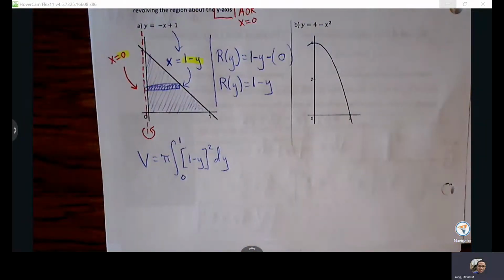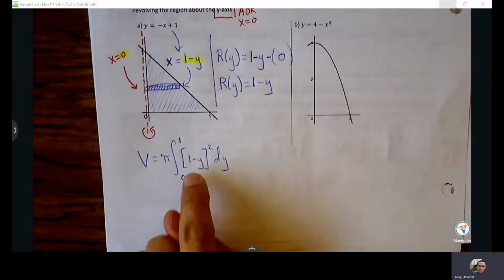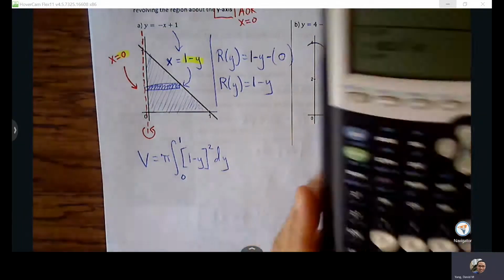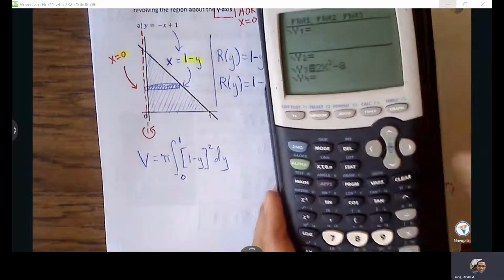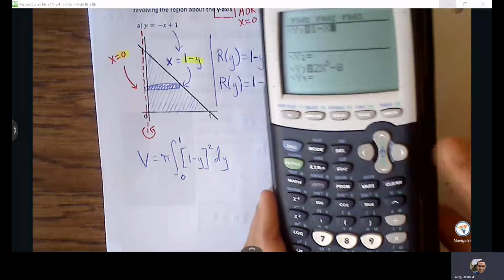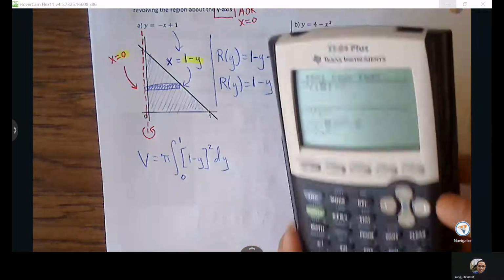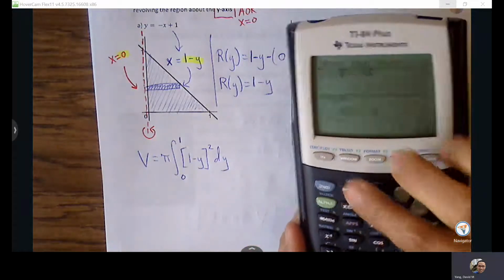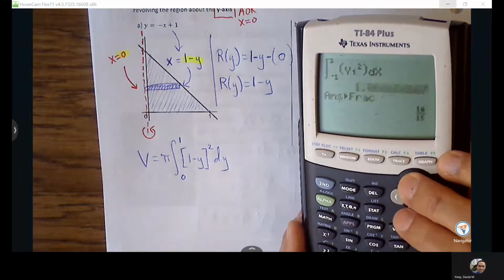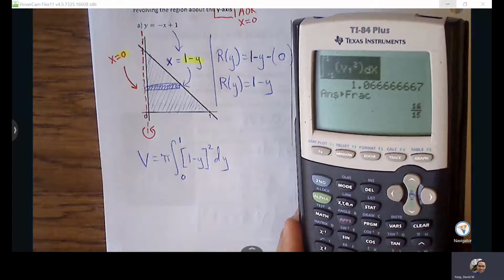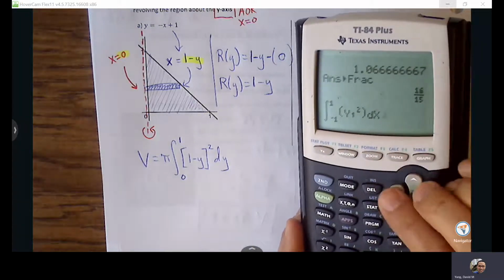Okay. Again, let's go to our calculator. You may be seeing y's on paper, but in the calculator, make sure that you always use x's. So again, I'm going to go into my y equals, and I'll enter in 1 minus x. Go back to my home screen. I can really just adapt what I already entered in, because the y1 can stay, the square can stay.